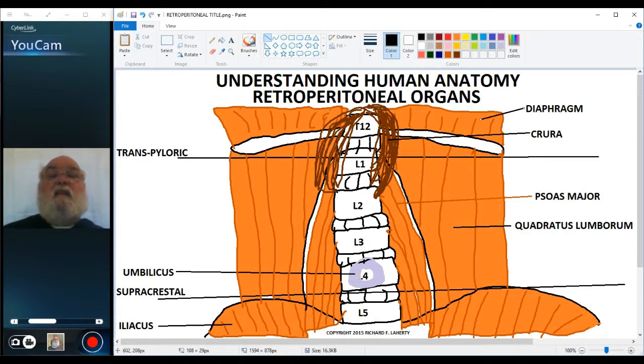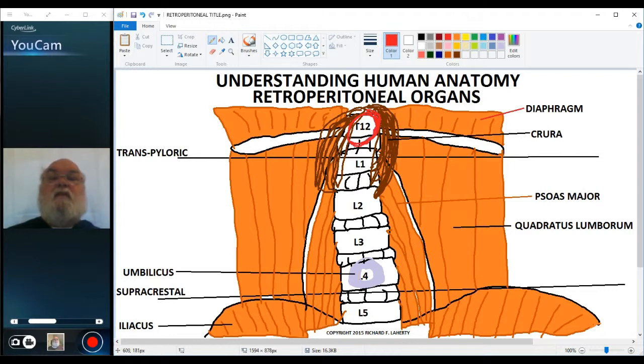Now, this space between the two crura, between the left and right crura, gives a small defect in the diaphragm, and it is through this defect or hole that the aorta enters the abdomen.